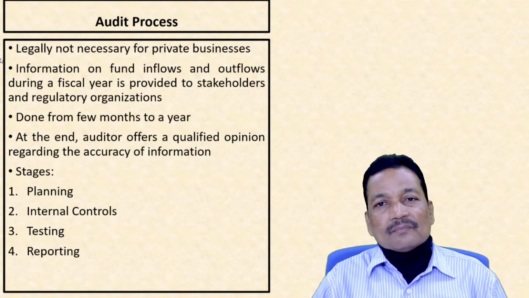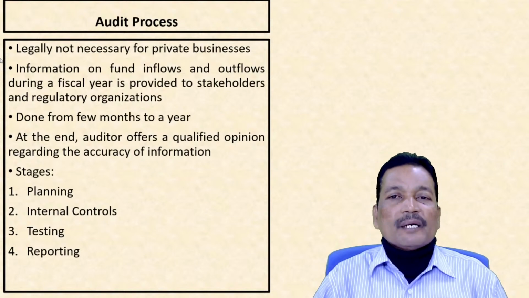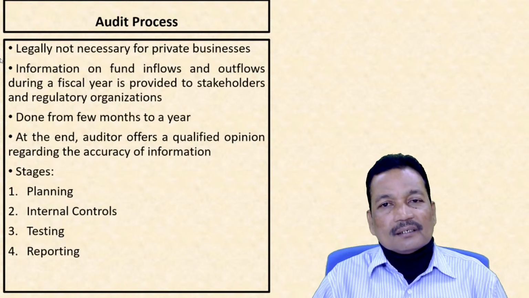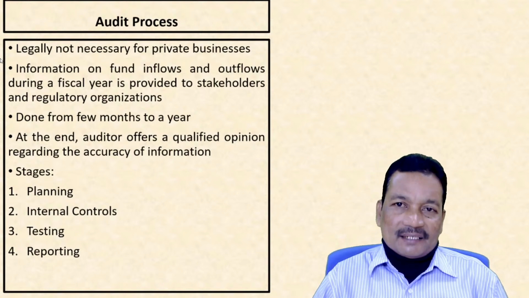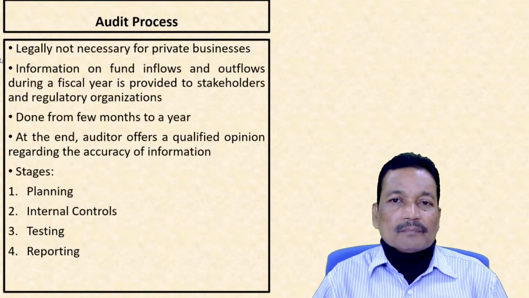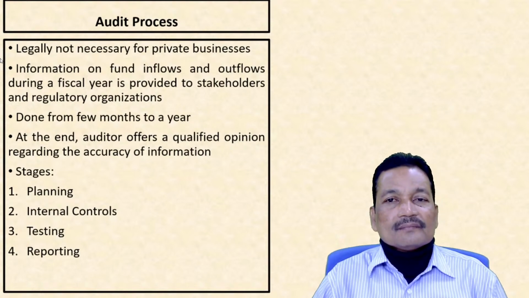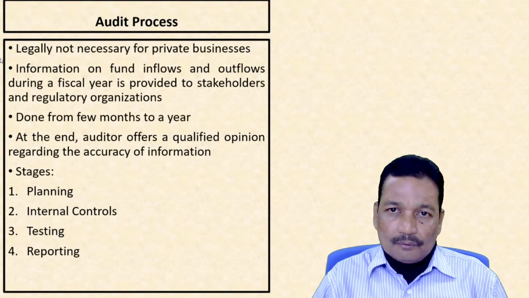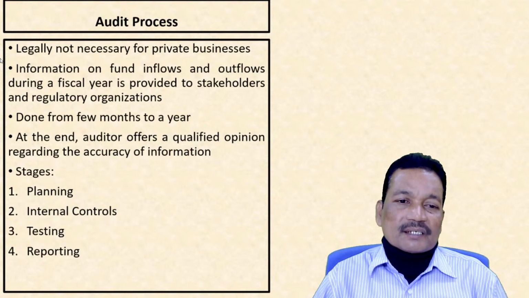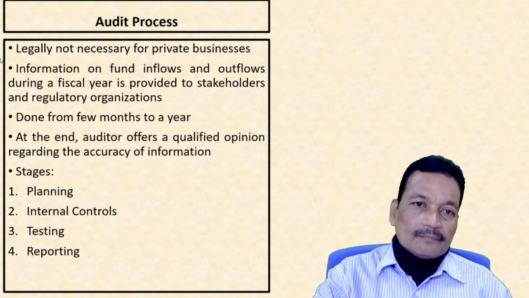And finally, whatever are the results will be reported to the various stakeholders like the management of the organization, the project team, like the government officials, like the parties interested in the project, etc. So they will be reported.